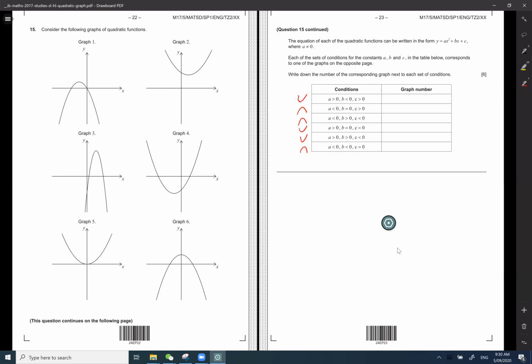C is the y-intercept. B, of course, is about the axis of symmetry, because this value is negative b over 2a.